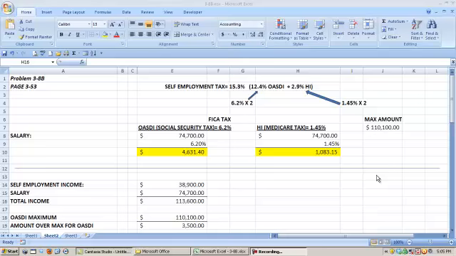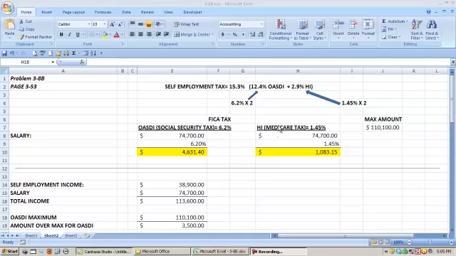So in the previous video we talked about FICA tax, which is comprised of our OASDI or Social Security tax and the HI or the Medicare tax. Okay, so we talked about this last time.